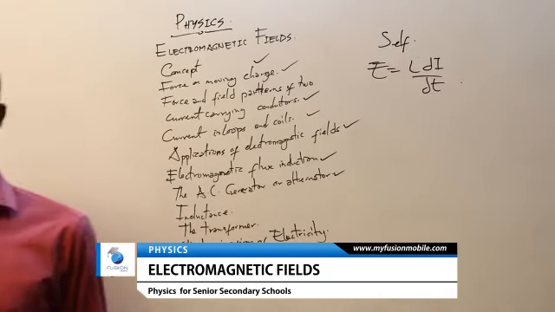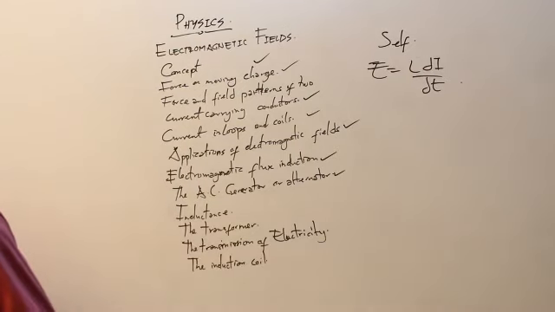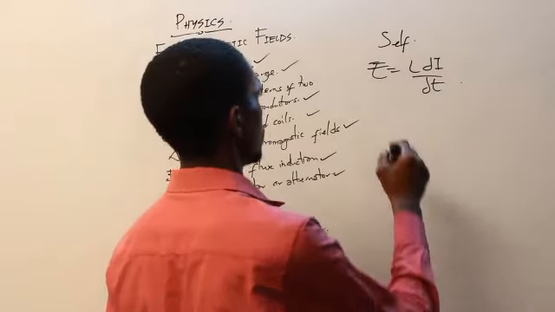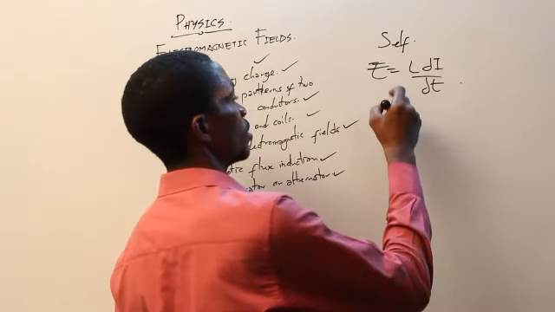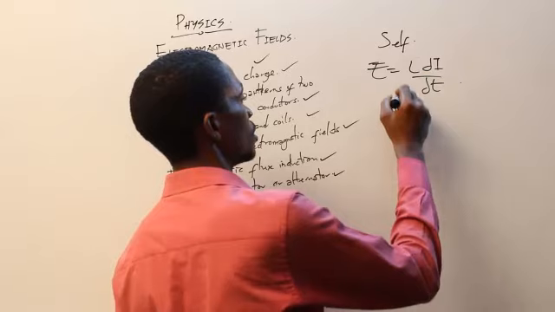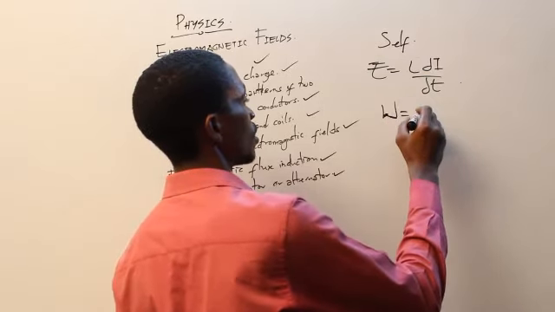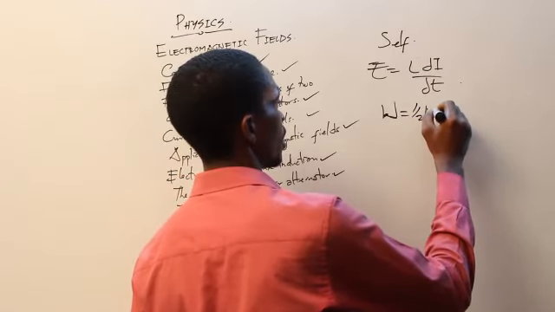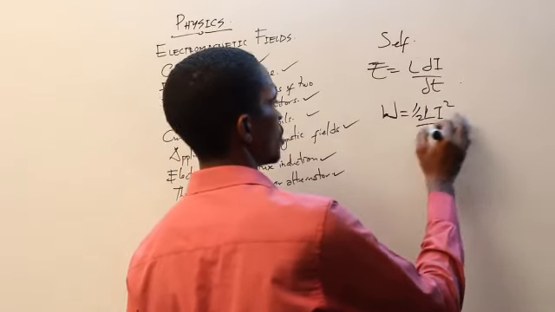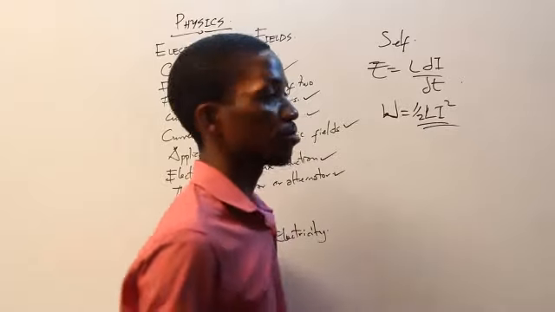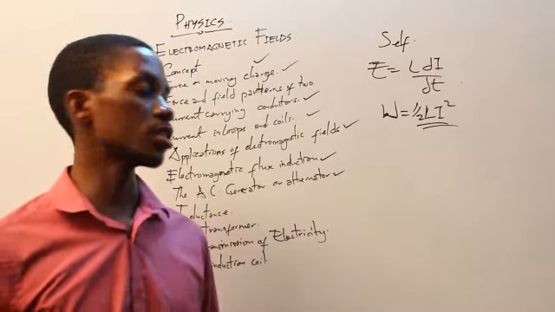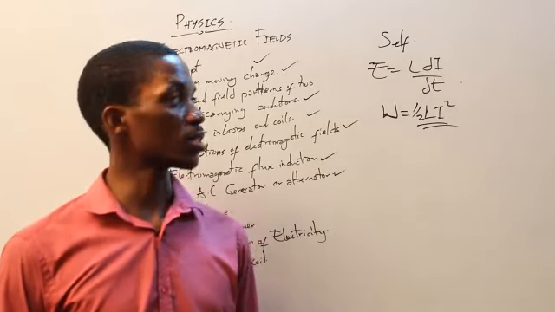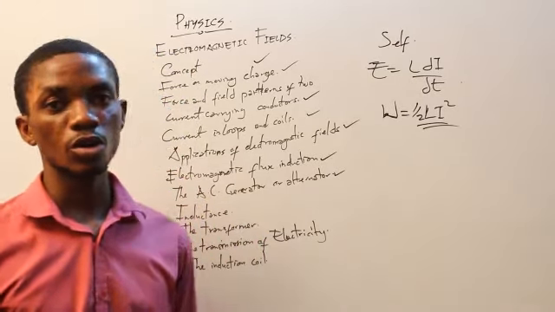That's the EMF. And of course, the work done, or energy stored, by this induction can also be calculated as half L I squared. Induction is tied very much to currents.